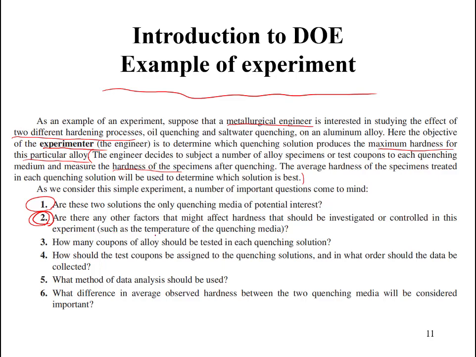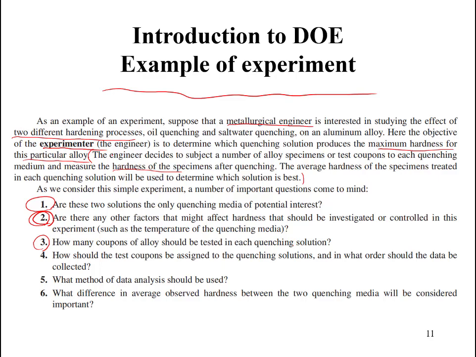For example, the temperature is one of those factors which may be effective, or the weather condition, or another factor which can be controlled by ourselves and is effective on our results. This should also be decided. The other thing is how many specimens or coupons should be tested in each quenching solution.